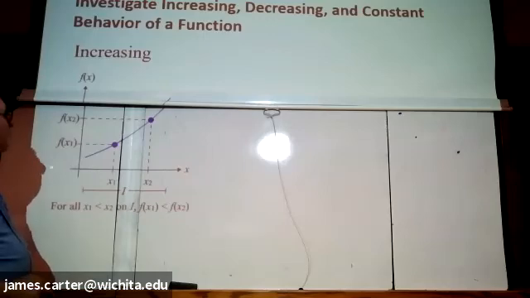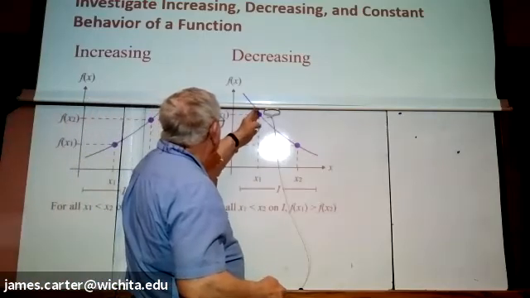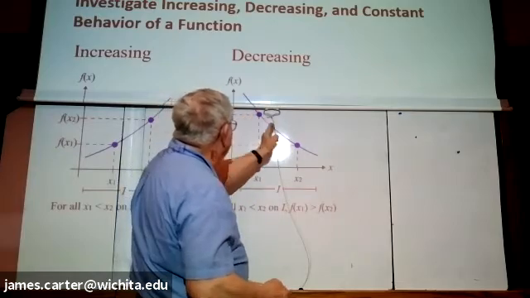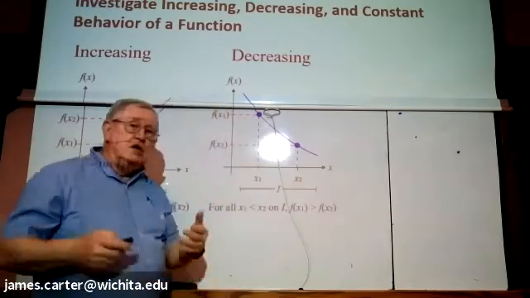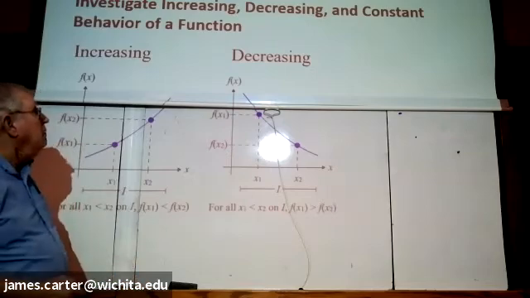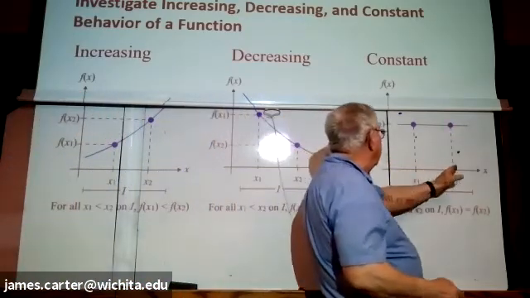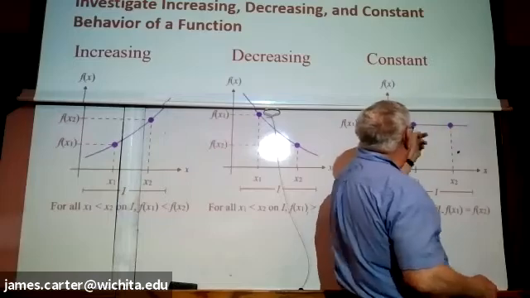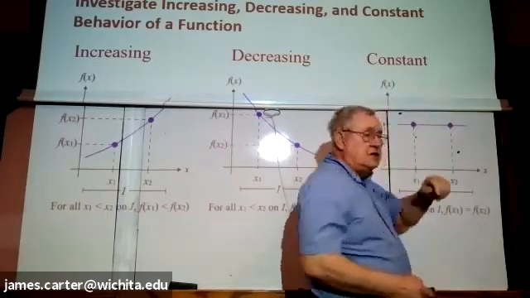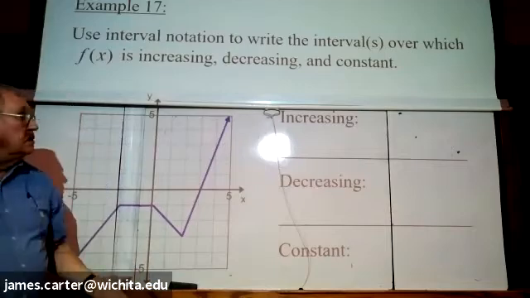Here, from this x value to that x value, y is decreasing. Okay. From this x value to that x value, y is the same. It's constant. That's really all there is to this.